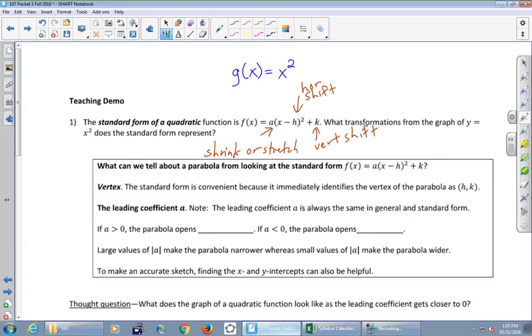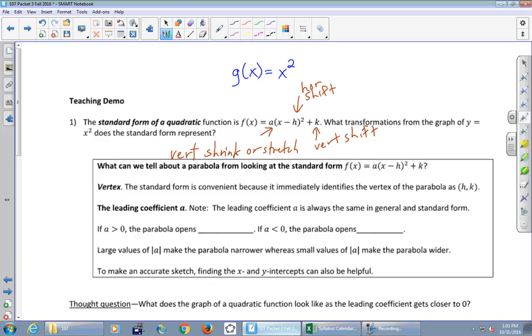Let's get one more word, horizontal or vertical. Yeah, that number in the front is a vertical. Good. So a vertical shrink or stretch. Ivy nailed it exactly based on whether a is bigger than 1 or between 0 and 1. Okay, so all we're doing is stuff that we've seen before. Take your basic parabola x squared and then shift it and stretch it according to this.